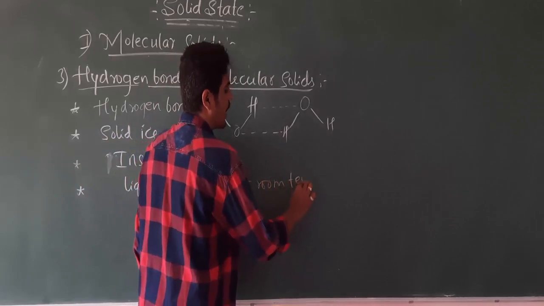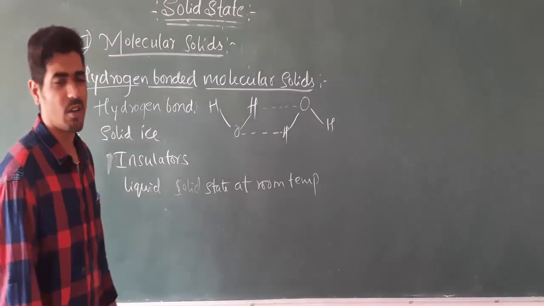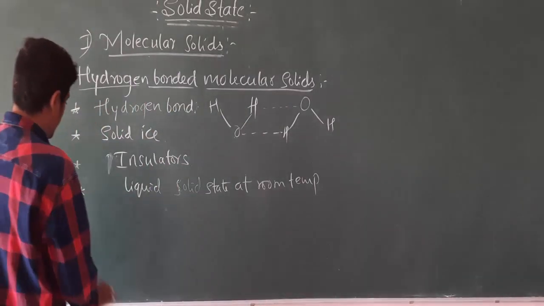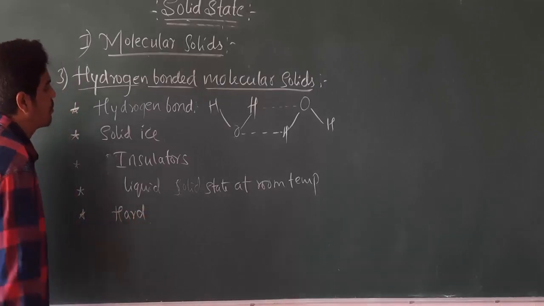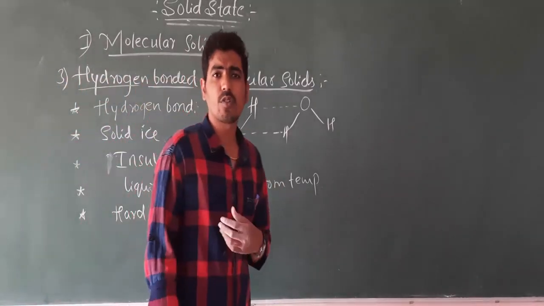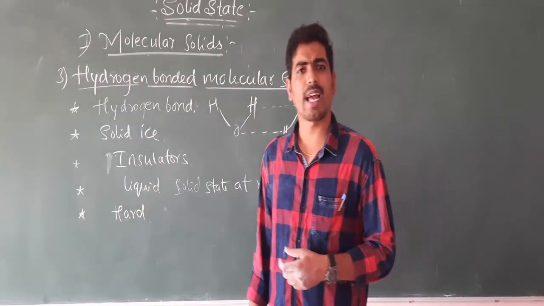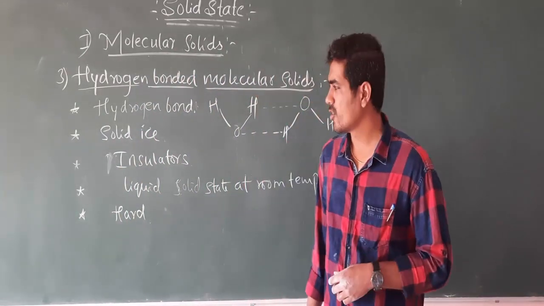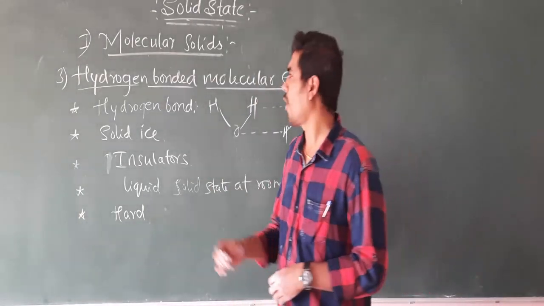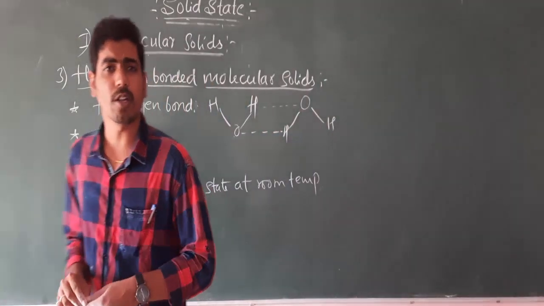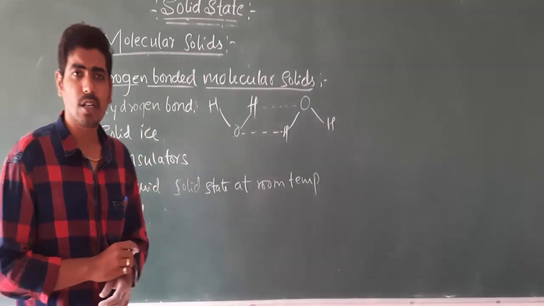Usually at room temperature these are obtained in liquid or solid state, and these are slightly hard as compared to the other two types of molecular solids, those are polar molecular and non-polar molecular solids. So these are certain characteristics of hydrogen bonded molecular solids and the types of molecular solids.